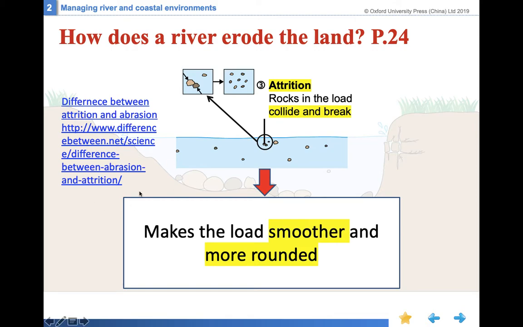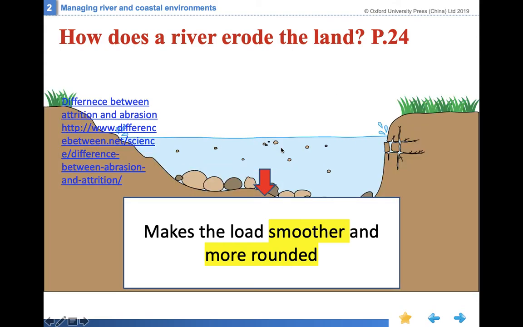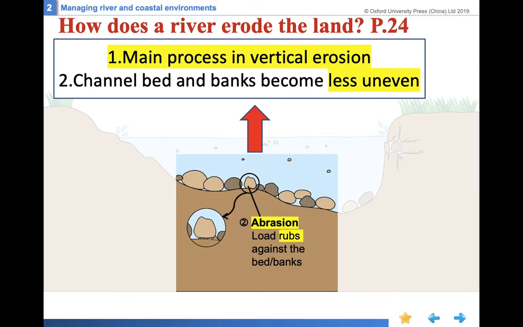You could visit this website for more in-depth differences between the two. But in short, attrition is more rounded. You can erode the load entirely, making all the angles rounded. But for abrasion, it might only affect one of the faces.